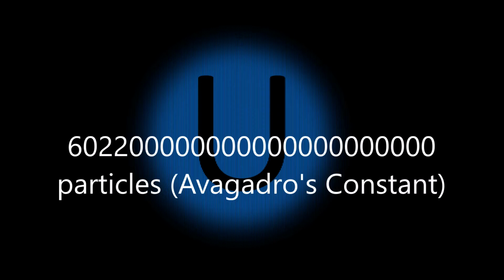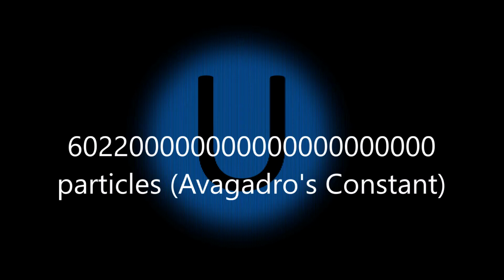Now all up quarks have an electric charge of plus 2/3. That's their electric charge, and they have a mass of 1/3. And the unit for the mass is, if you had 1 mole of a substance, so 6.022 times 10 to the 23 particles, or that massive number appearing on your screen right now, the mass you have would be the grams given, so the number given in grams.